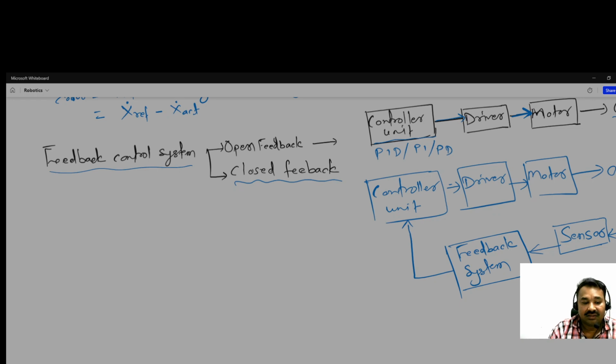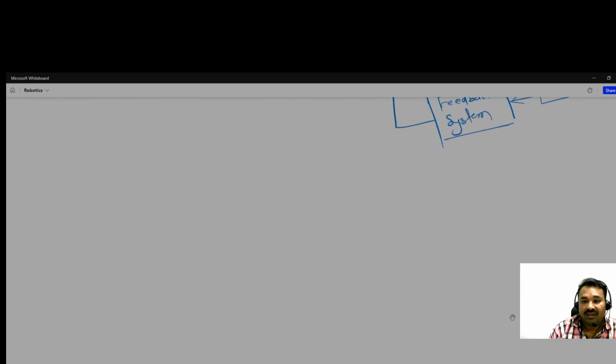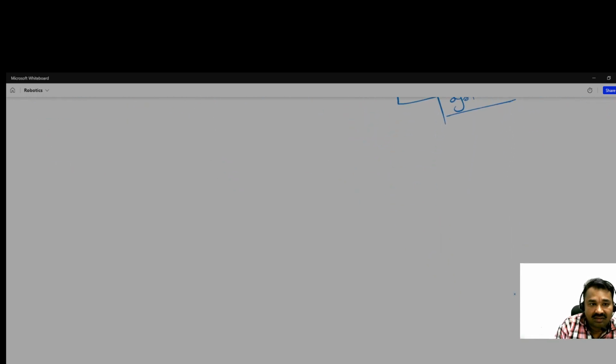And in a better way we can understand the closed feedback system with the help of the block diagram.